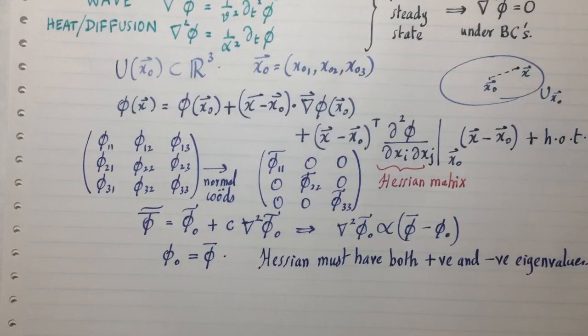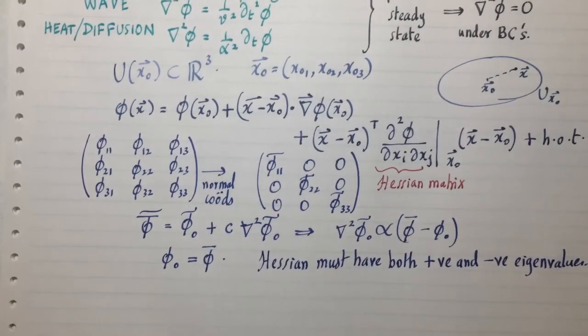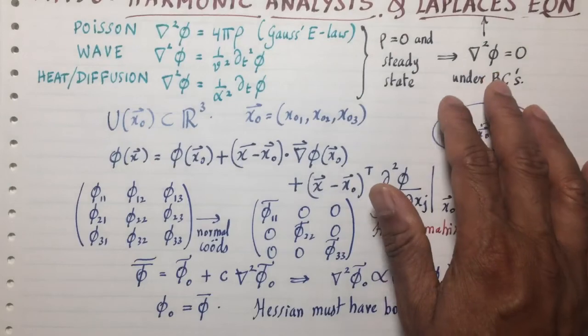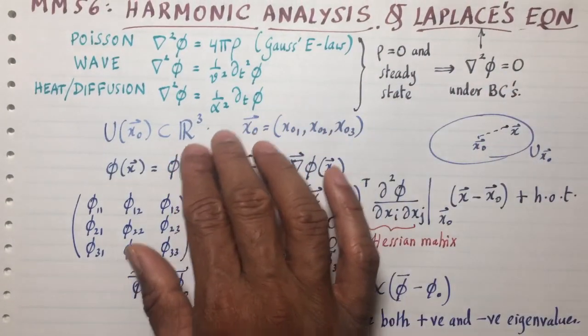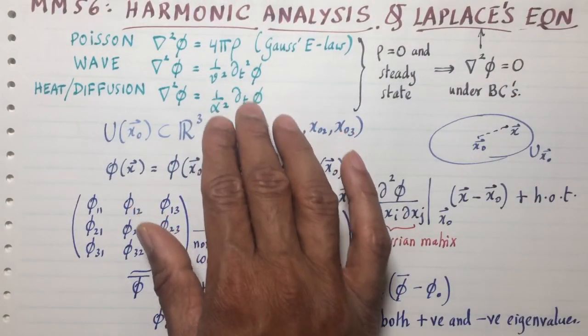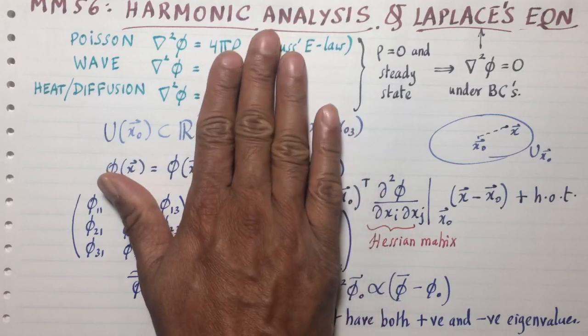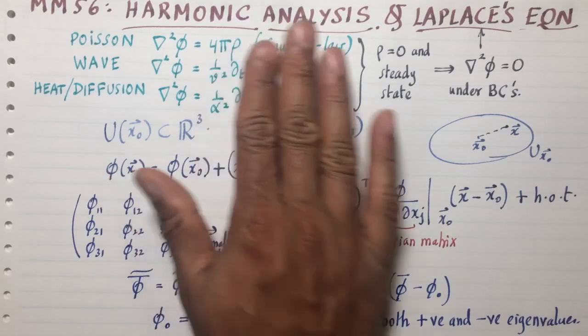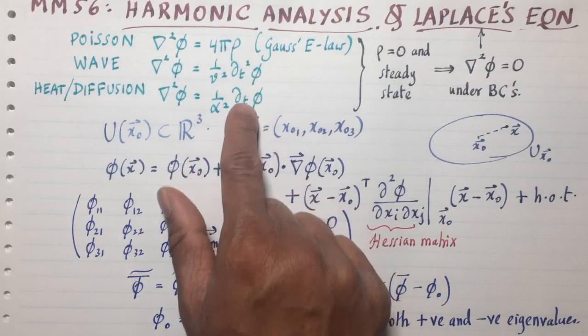I won't bother talking about other properties. There are many, many more, but just keep in mind that Laplace's equation is very important, and if you solve Laplace's equation, the solution to these other things with time is not that difficult. Solving Laplace's equation is far more difficult than solving these associated equations.